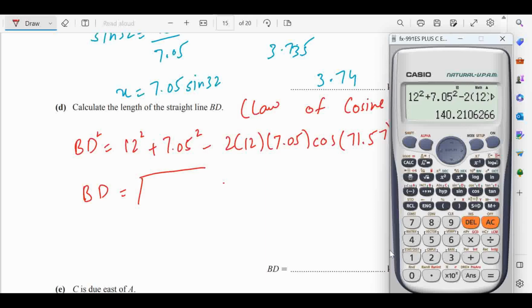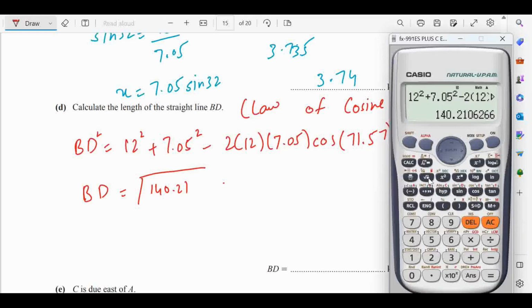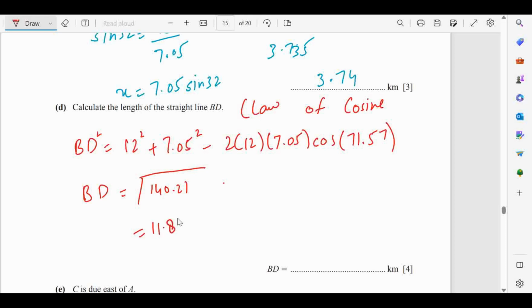This will be equal to 140.21, and if you take the square root of the answer, this will be equal to 11.84. So BD will be equal to 11.84 kilometers.